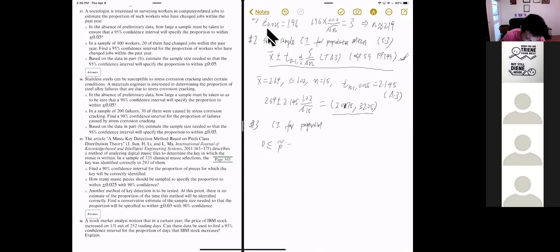So sample proportion plus minus z half alpha times the square root of modified P times (1 minus modified P) over modified N. And the modified P and N equations are here.